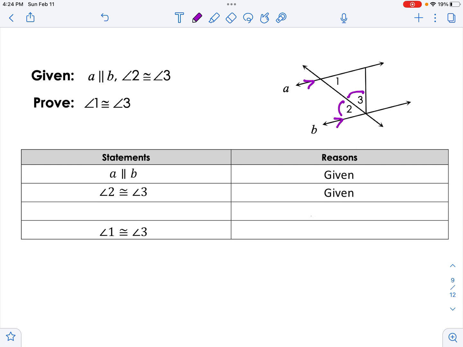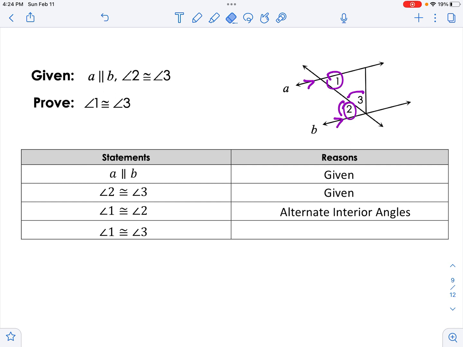I do know that this angle and this angle have to be congruent because A and B are parallel. 1 and 2 are alternate interior angles. So I can say that 1 is congruent to 2 by alternate interior angles.